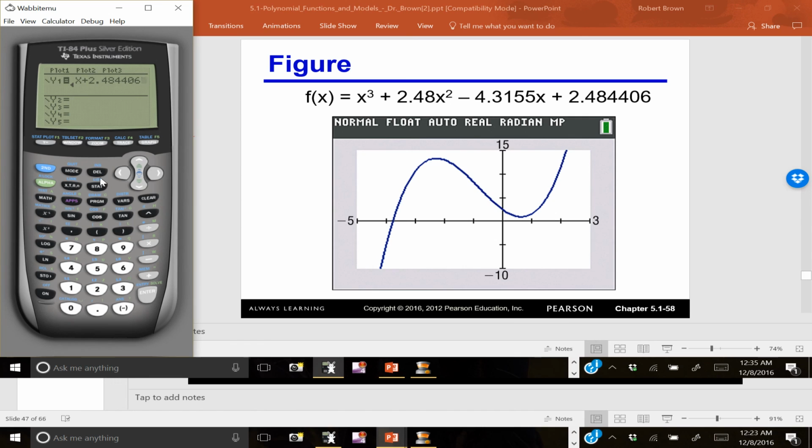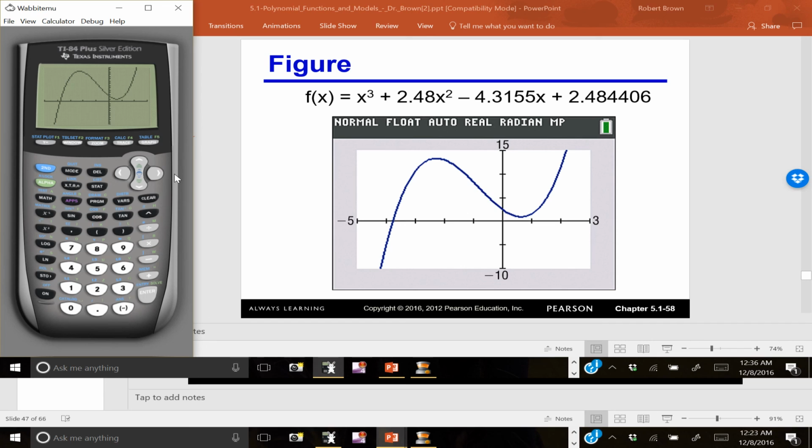We want to pick a window like this, x from minus 5 to plus 3, and then y min, minus 10 to plus 15, graph, and we see this function.